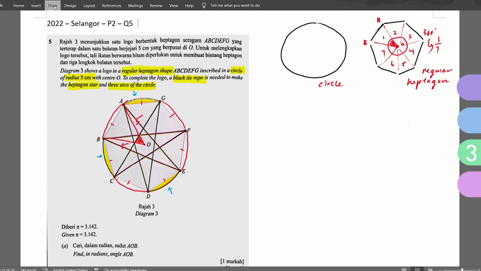So our working would be 360 degrees times 1/7, because we only need one part of the angle.